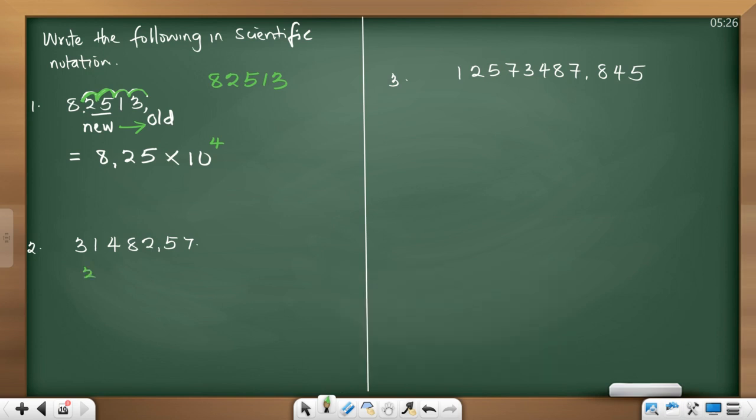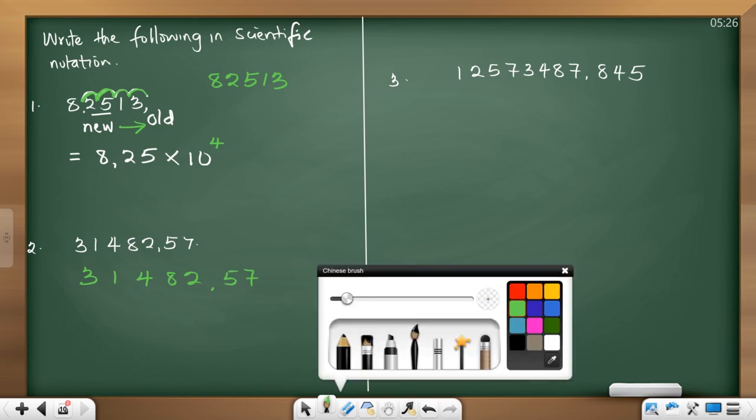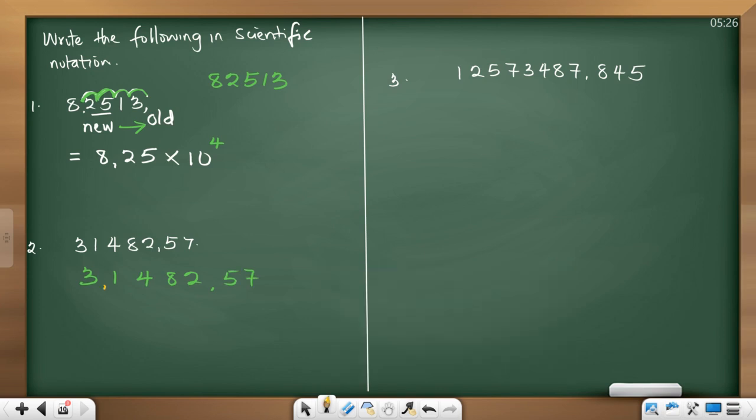Let's look at this one. Okay, let me write the number out. 31482. Remember, I want my comma to be here. 2 decimal places. But look at the next number. It's an 8, which is bigger than a 4. So I'll make it a 1 and add to that. So I already see my answer as 3,15 times 10 to the power.